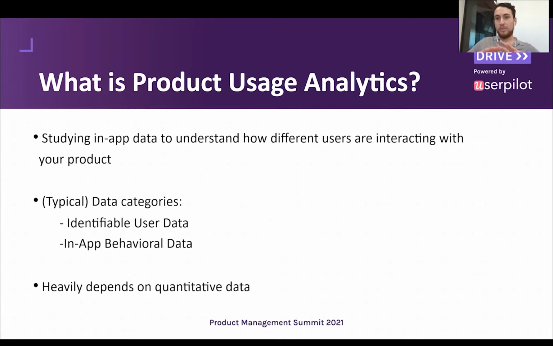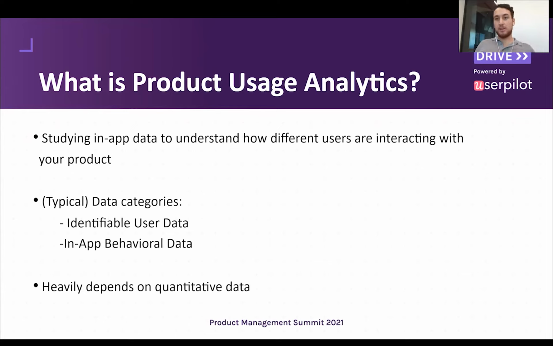All of the characteristics of a user, we can also apply to accounts. So if you're selling B2B enterprise SaaS products, you're probably selling to teams, not just individual users. You can also have those characteristics for an account. And that's the first type of data we're going to look at, identifying users or accounts.